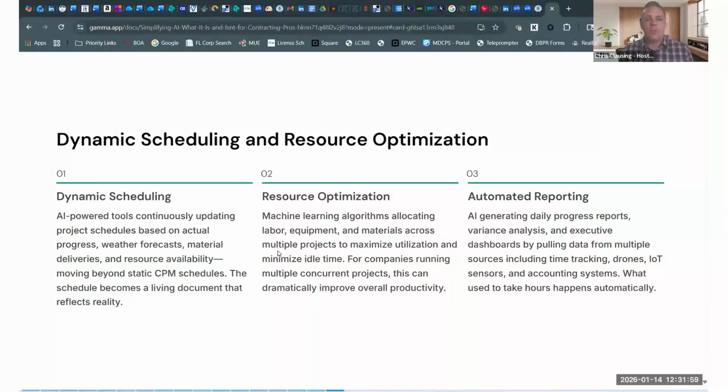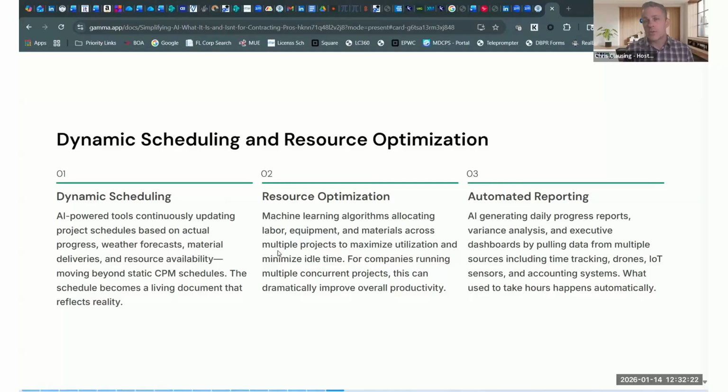So some of the aspects of AI platforms that you could utilize involve enhancements to what they call dynamic scheduling. So that's going to be where you're continuously reviewing the schedule based upon the input you're putting in, or the subcontractors or the other contractors on the project doing their work on time.